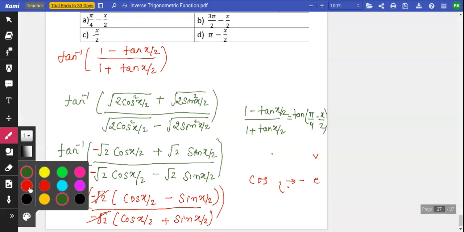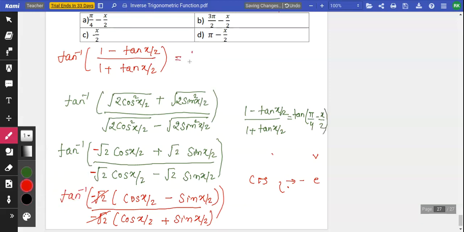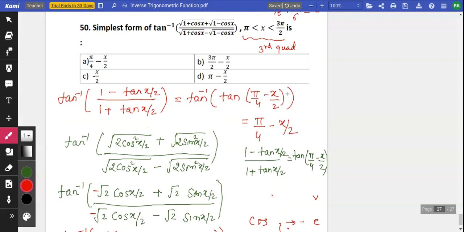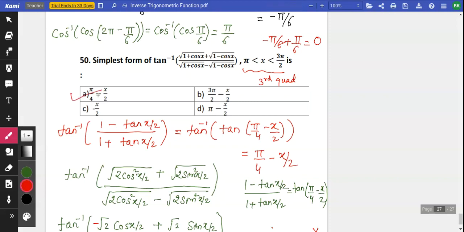Put this formula in this equation. We get tan inverse in bracket tan of pi by 4 minus x by 2. Tan and tan inverse cancel out. The final answer is pi by 4 minus x by 2. So the correct answer is option A.